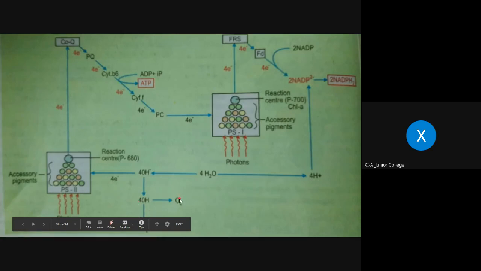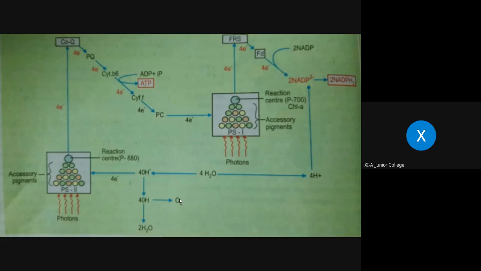So phosphorylation, that is formation of ATP and NADPH2, takes place, as well as photolysis of water. That means release of oxygen with the photolysis of water takes place. This is the non-cyclic way of photophosphorylation.